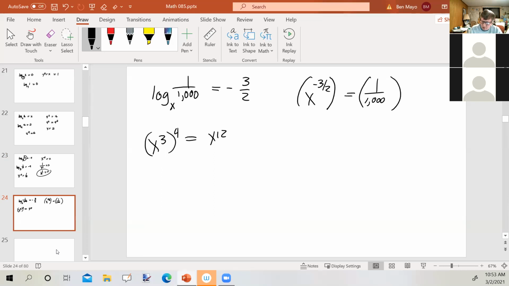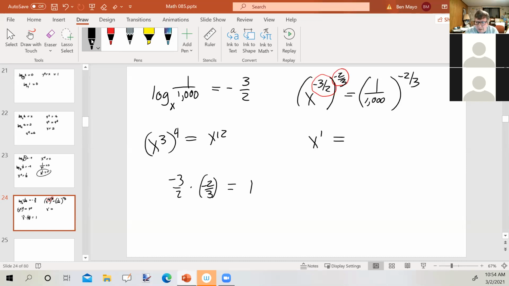What power so that on the left, I would just get x? Well, we're going to multiply this exponent times whatever exponent we put here. -3/2 times what is 1? Wouldn't that be -2/3?